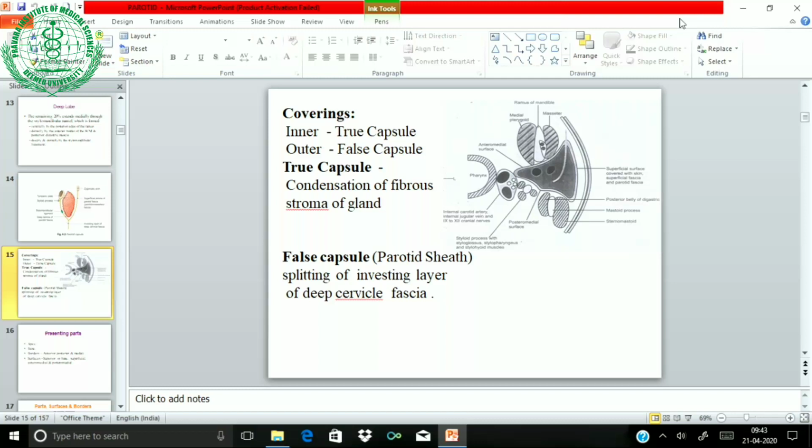These are the two coverings of the parotid gland. The inner layer is formed by the true capsule, while the outer layer is formed by the false capsule of the parotid gland.